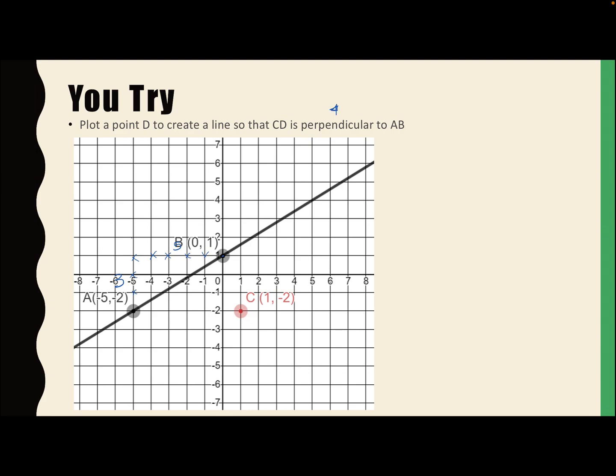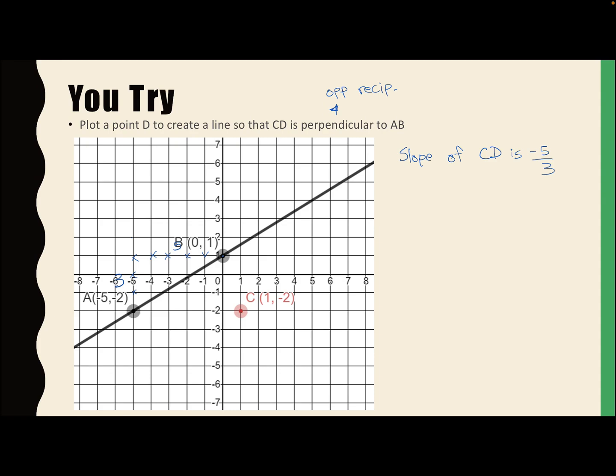Now perpendicular, remember, means opposite reciprocal. So the slope of CD is -5/3 because the opposite reciprocal of 3/5 is -5/3.